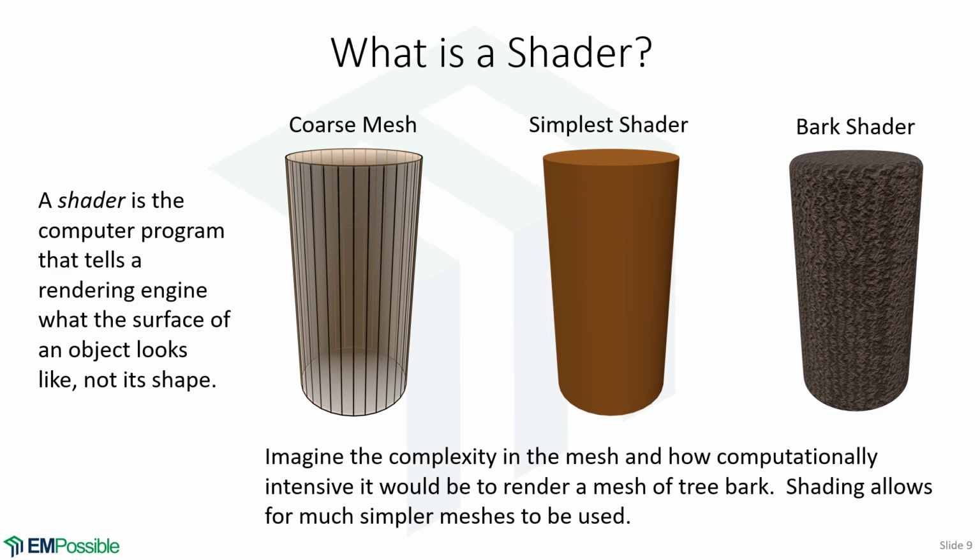And so there's this trade-off of what you do with your mesh and what you do with your shader. In general, you want to do as much as you can with your shader because your renders will be much, much quicker. With meshes, you want to minimize the number of faces on them. So that's what a shader is. It's what the thing looks like, not its shape.